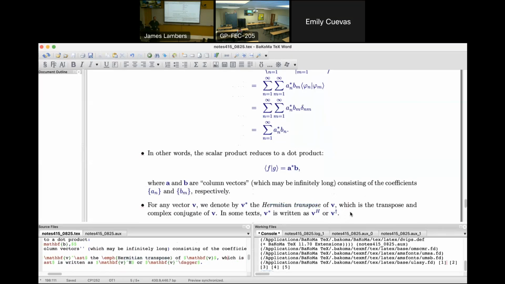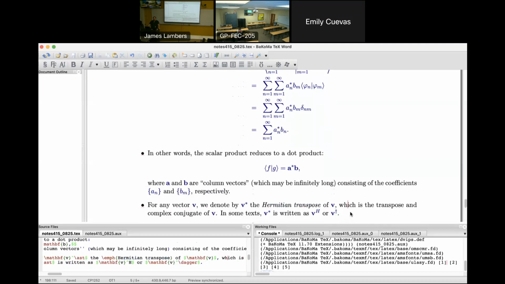For example, the dot product. With real vectors, as you learn in calculus, you multiply corresponding elements of the vectors and add them all up. Well, that is not a good idea in the case of complex vectors. You should take the complex conjugate of one of the vectors. The reason is, if you don't, and you define the magnitude of a vector as the square root of the dot product with itself, you can end up with an improper value of the norm.